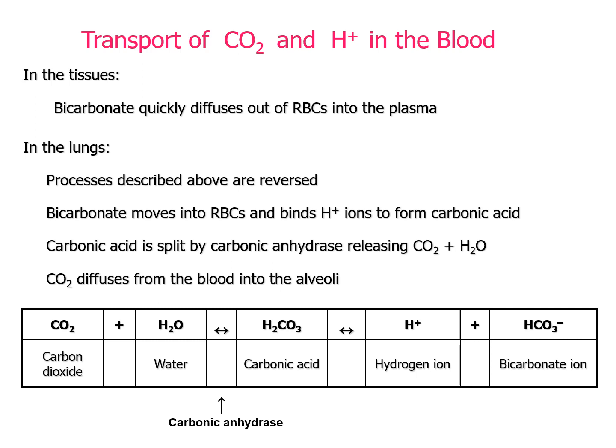We then go to the lungs. The whole process in the lungs is reversed, and the bicarb moves back from the plasma into the red cell, and you get a combination of hydrogen ions with the bicarb, and you get formation spontaneously of carbonic acid, and then under the effect of the enzyme carbonic anhydrase it will split the carbonic acid into CO2 and H2O, and the CO2 diffuses from the blood into the alveoli.